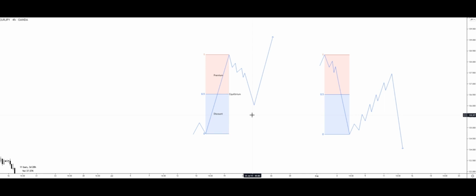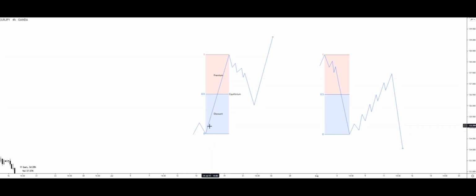Everyone's going to be buying because it's a big sale. When Black Friday's on, everyone goes crazy because they're getting things at a discounted price, okay? So why would we buy something that's expensive? If we move on to premium, why would we want to buy in the premium zone? Because if we're buying in the premium zone, it's expensive pricing.